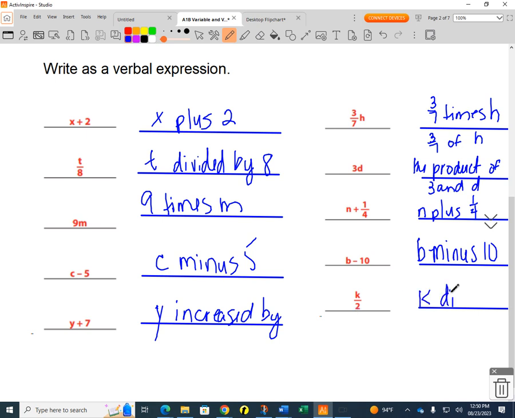K divided by 2. You cannot. That's a great question, Wasim. Thank you for asking me that question. You can't because over is not an operation, right? And so I need to translate it in a way so I know what to do with those two expressions, right? If you say K over 2, I don't know what to do, right?